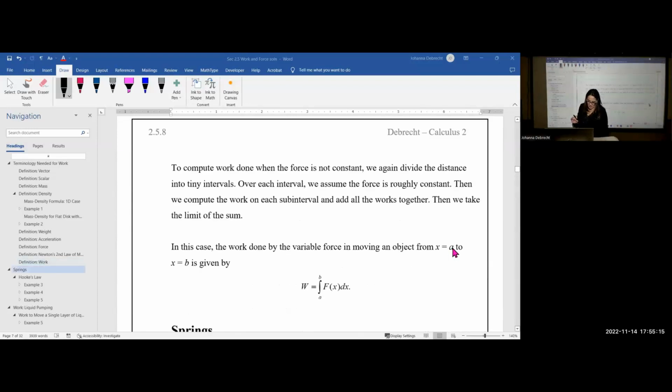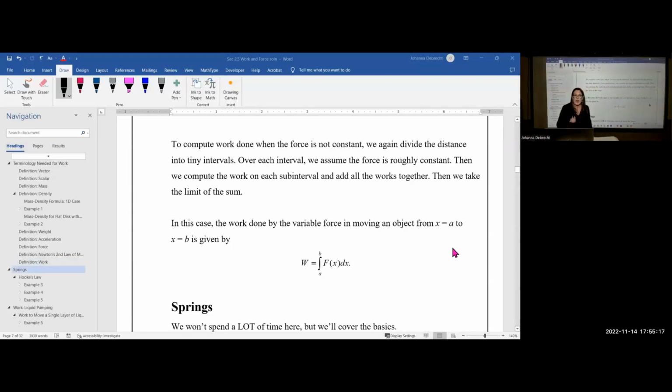And when we think about that, we are again going to have to use calculus, because if the force is not constant, we're going to have to divide that distance into tiny intervals. We're going to take a partition like we always do. And if we make the partition small enough, then we can approximate the work done on that tiny little partition by assuming the force in that tiny partition was roughly constant.